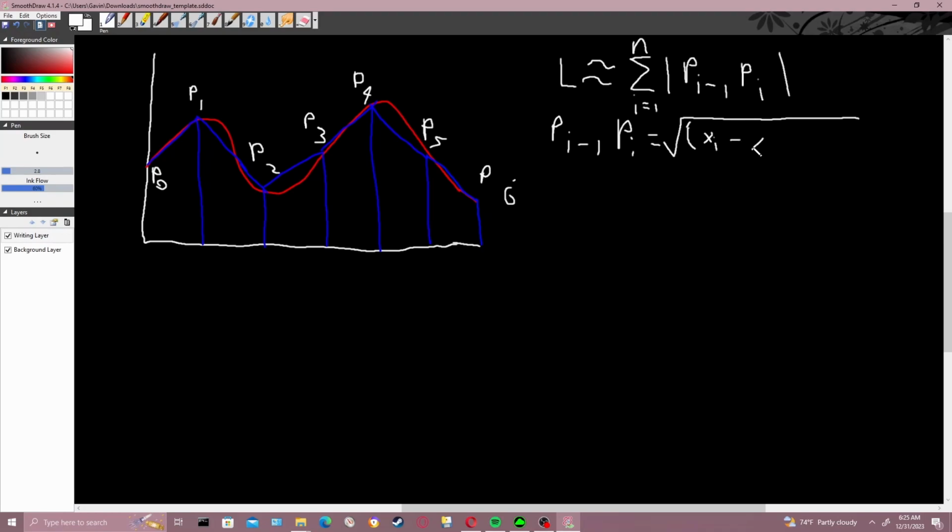This will take a little bit to do. Y_i minus y_{i-1} squared. There you go. And this is derived from, obviously, the Pythagorean theorem.